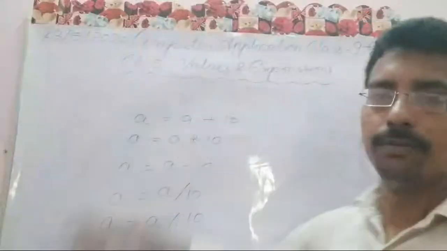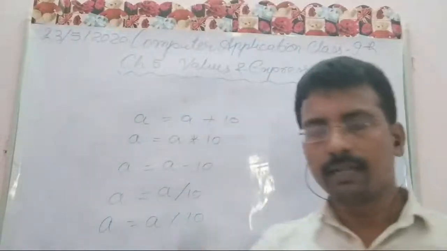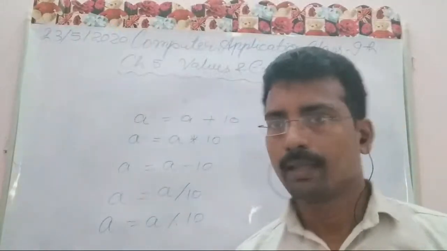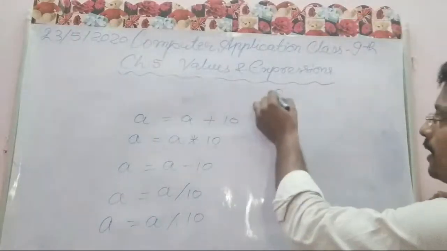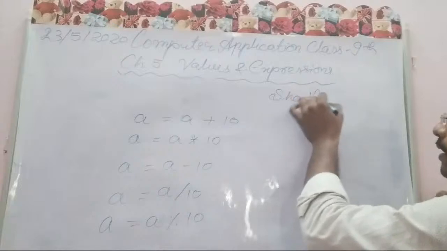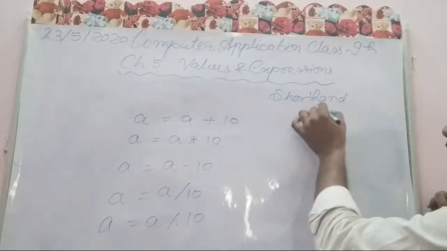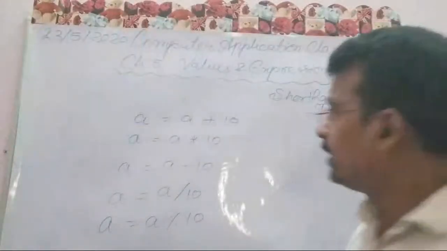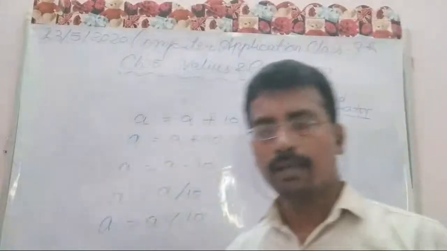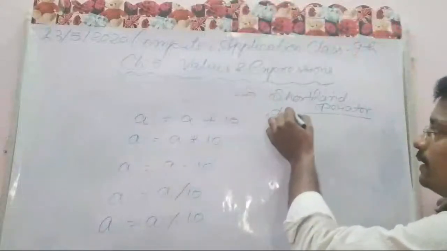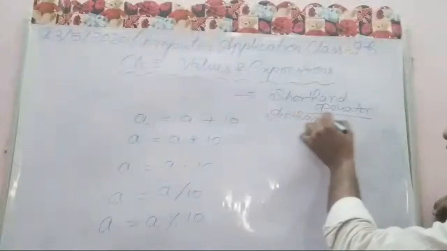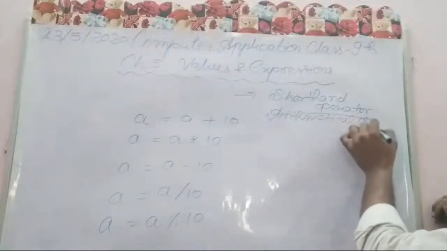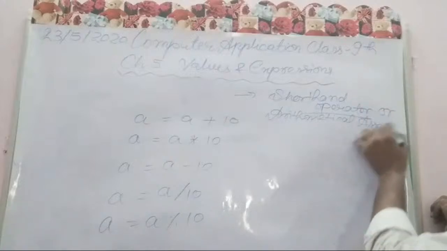Any such operation can be written in another form, which is called shorthand form or use of the shorthand operator. It is also called the arithmetic assignment operator.